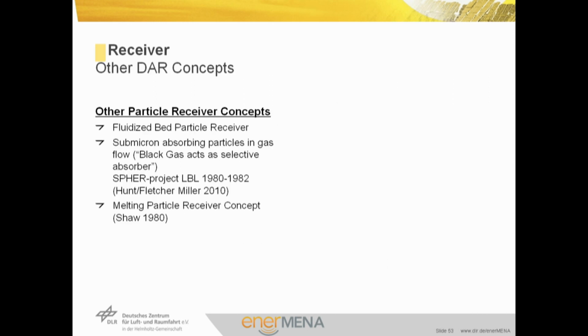Some other DAR concepts are shown here. For example, we can imagine a fluidized bed particle receiver where the particles are fluidized in a gas. Also in literature we found submicron absorbing particles in a gas flow where the black gas acts as a selective absorber, or we found concepts of melting particle receivers.